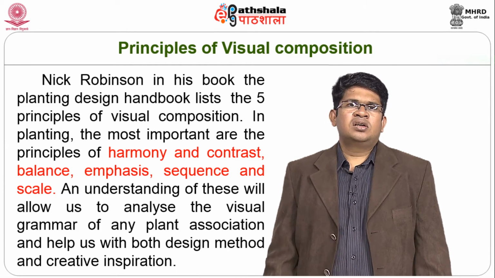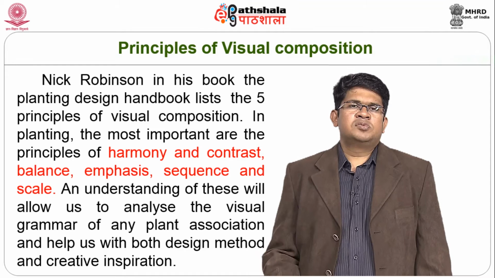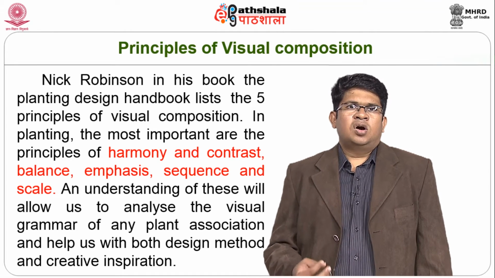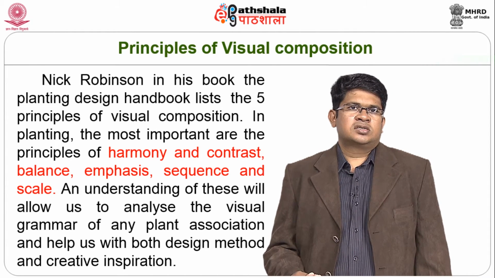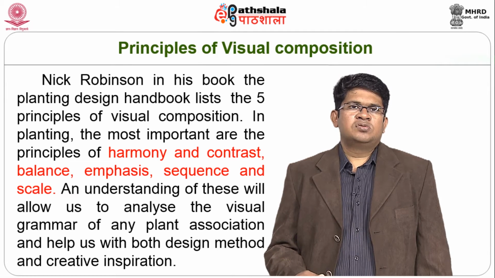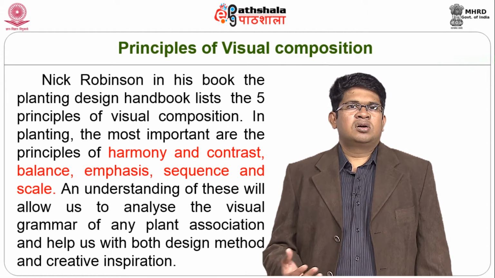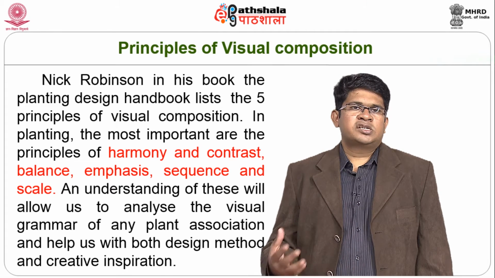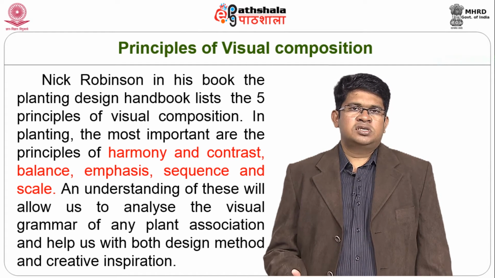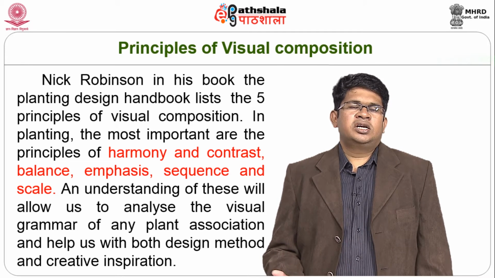So, an understanding of all these principles and characters: how do we use these visual characteristics, in what way, and using what kind of arrangement, and how do we place, what comes in the foreground, what comes in the background, what comes on the left or on the right, and what expresses itself as big, what expresses itself as small, how does the gradation express itself from the smallest to the biggest.